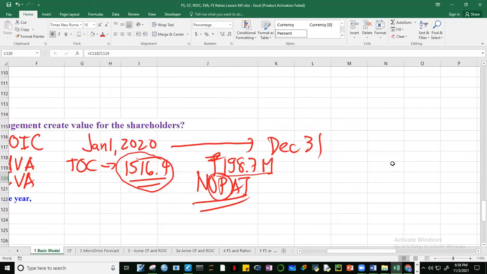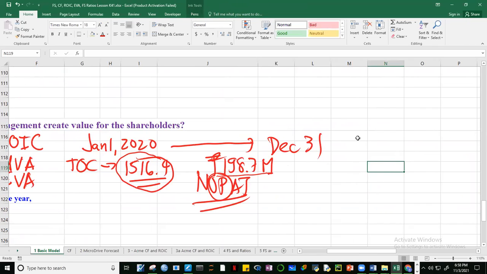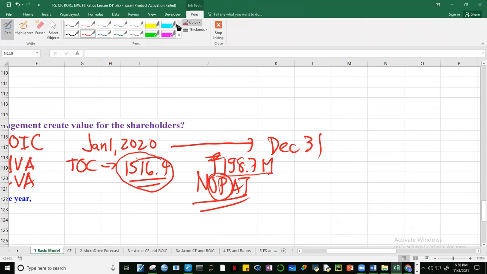For example, let's assume, guys, that there's this competitor company which generated a NOPAT equal to, let's say, 500 million. So which performed better? Our company or this company? Our NOPAT was 198.7.